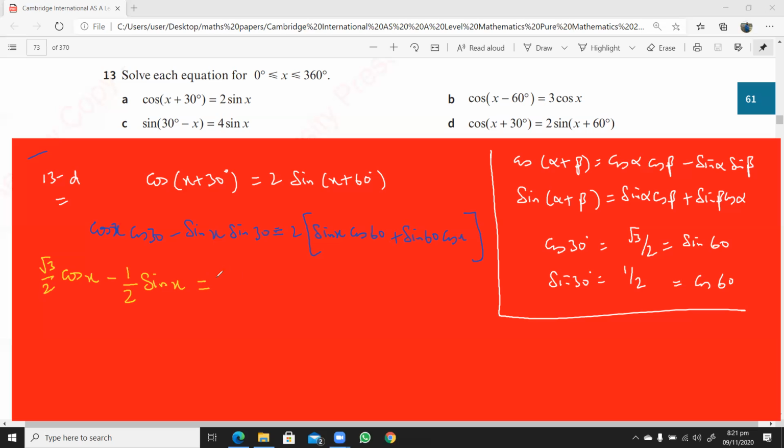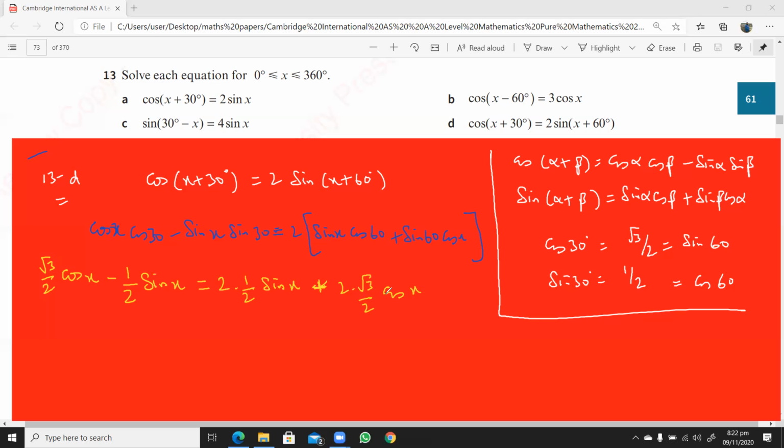So this is 2 sin x, and cos 60 is 1 over 2, and this is sin x, plus this 2 into sin 60 is 2 into root 3 over 2, and then you have cos x.